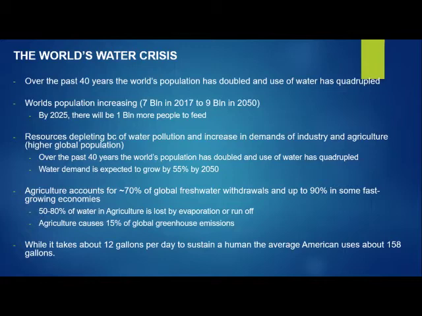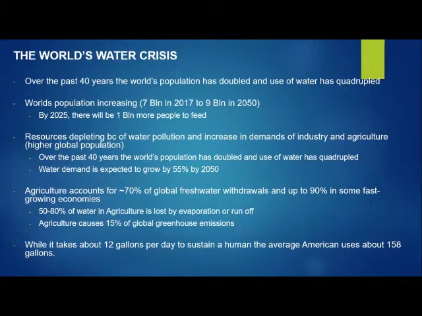And the sad part is that about 50 to 80% of water that is used in agriculture actually just evaporates into the air. So it's not even being used by crops. It's not being used efficiently and effectively. And so this is quite a big problem.